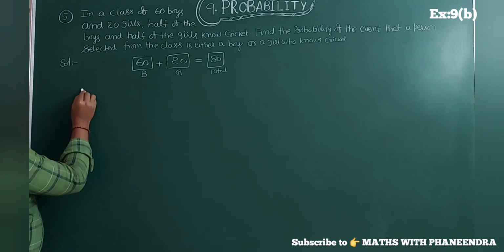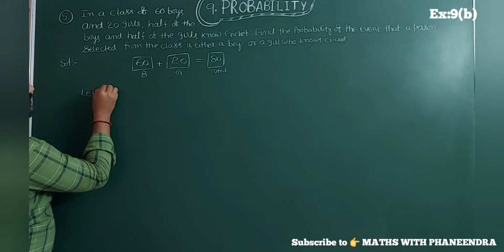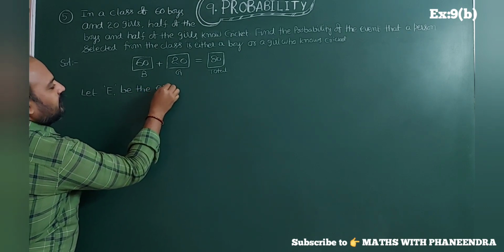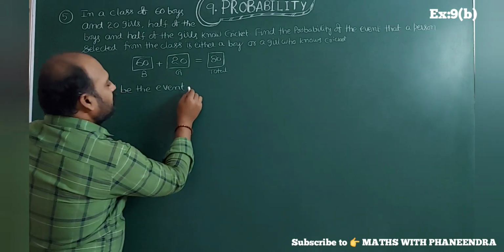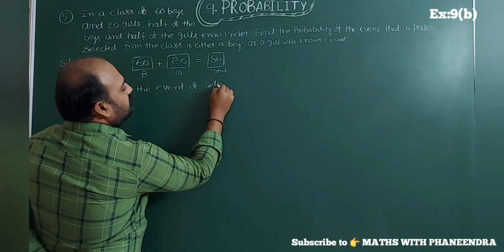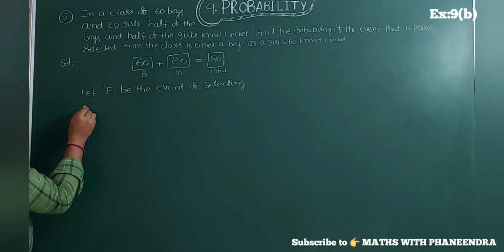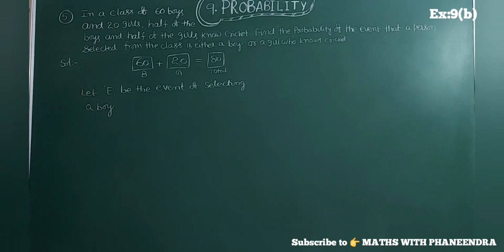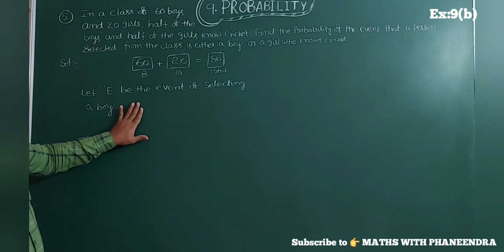Here I am assuming that let E1 be the event of selecting a boy. So what are the possibilities?